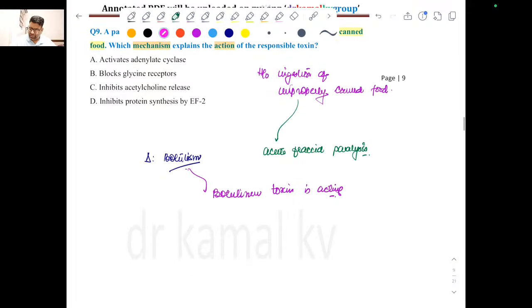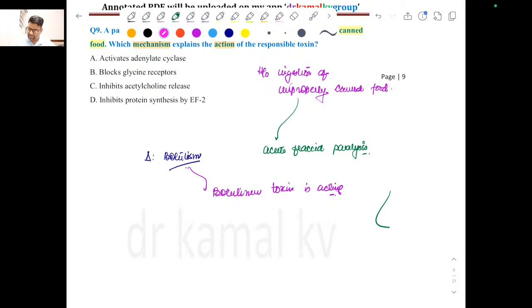So what happens, suppose this is the presynaptic and this is the postsynaptic end, then obviously there are acetylcholine receptors, then there are presynaptic vesicles which are having the neurotransmitter acetylcholine.